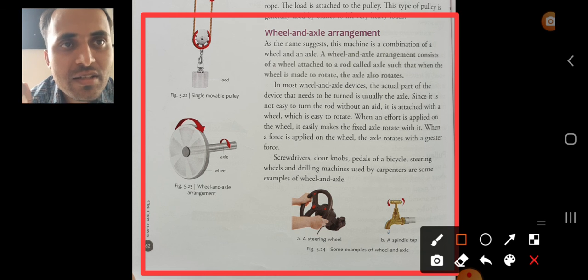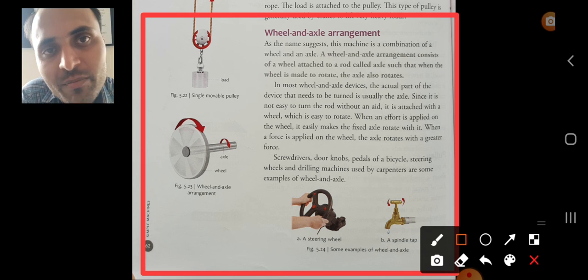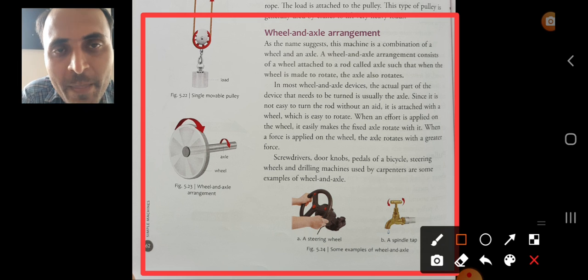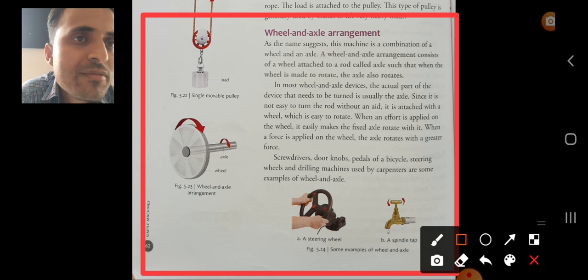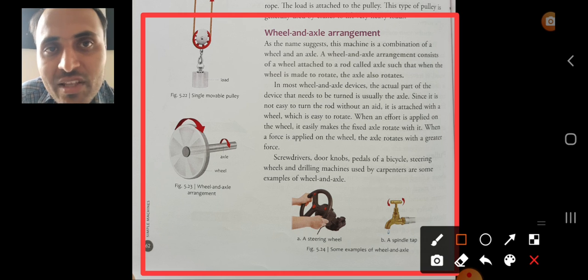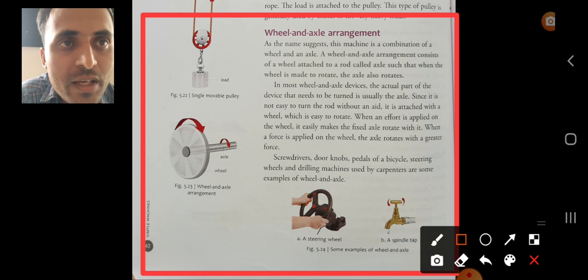As the name suggests, the wheel is one part which is rotating, and it is controlled by the other part, which is called the axle. It is only rotating, not sliding or reciprocating, and the movement of the axle is controlled by the wheel, remember.